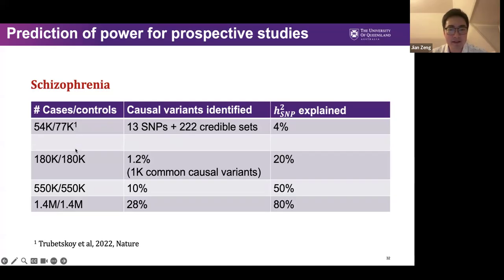But when we further increase the sample size to 550,000 cases with an equal number of controls, we expect to identify 10% of the causal variants. They can explain 50% of the heritability. And in the future, if we are lucky enough to have 1.4 million cases and controls, we will be able to fine map 80% of the heritability.